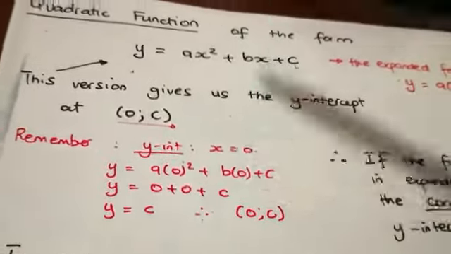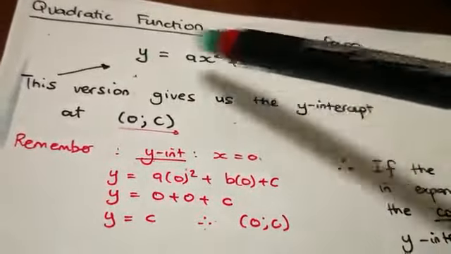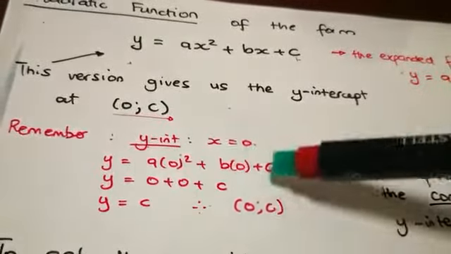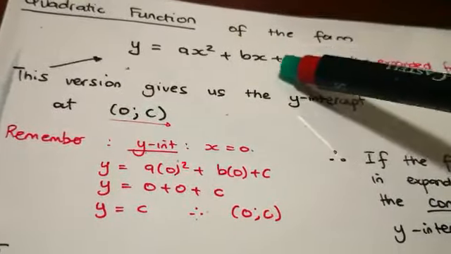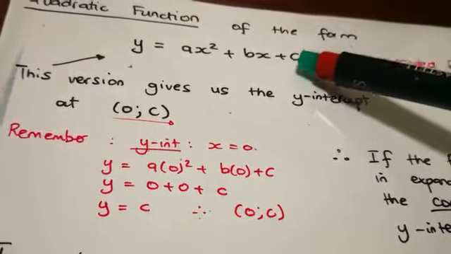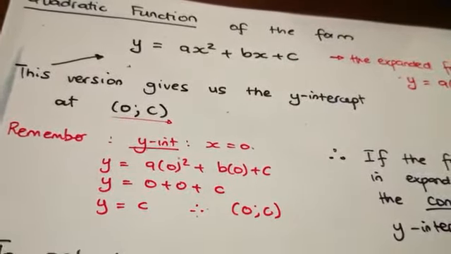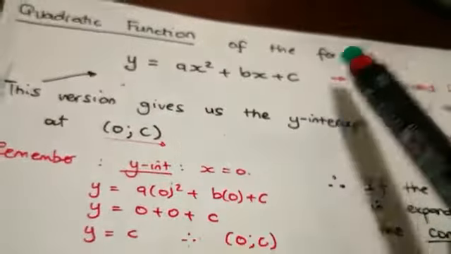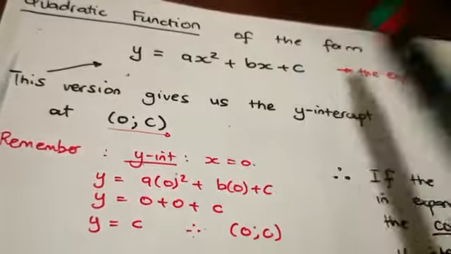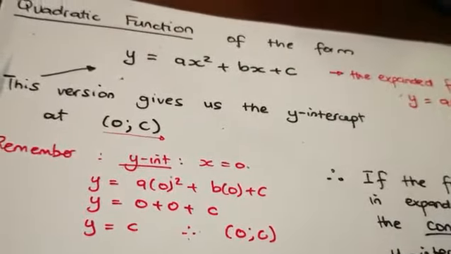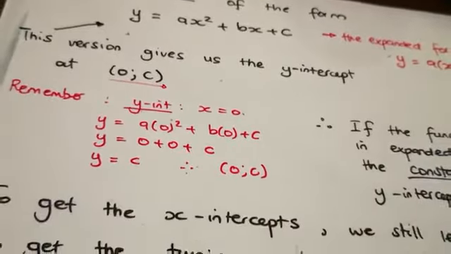If you are given the equation in expanded form, there's no need for you to even go through these steps. You can just get the y-intercept from the constant, the number that doesn't have the x in your equation. So if it is in expanded form, the last value, the constant term, all the time gives you the y-intercept.